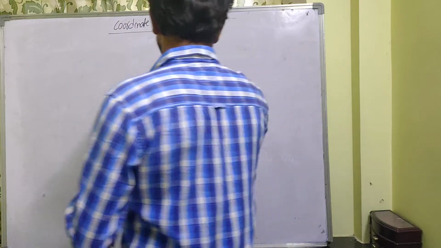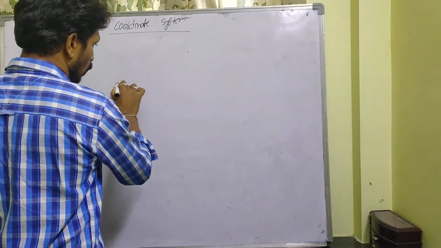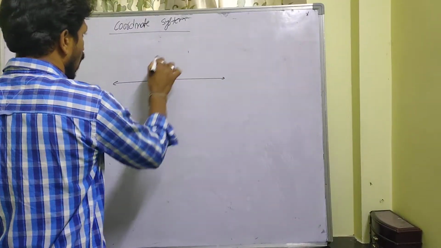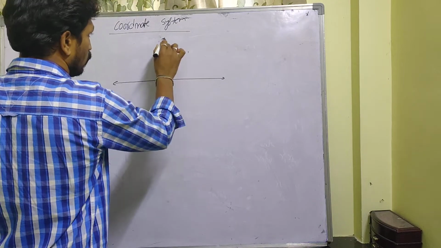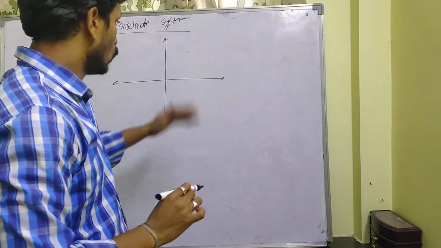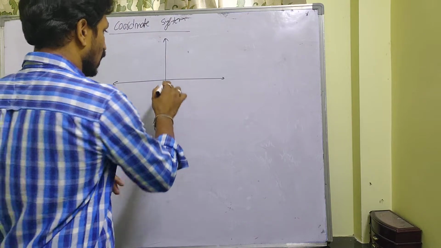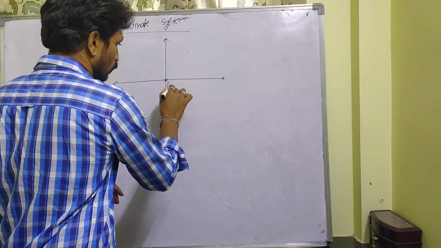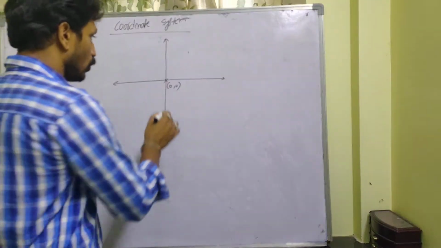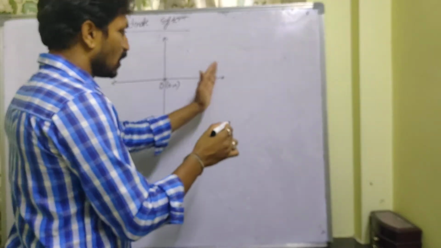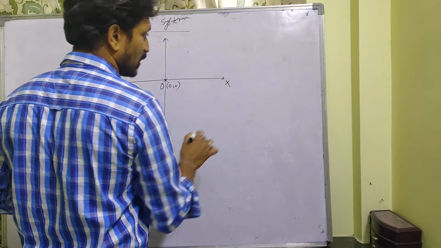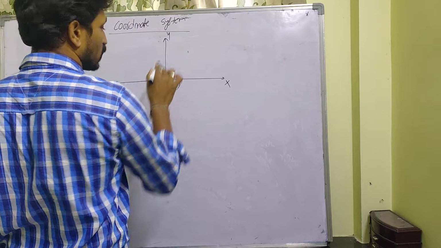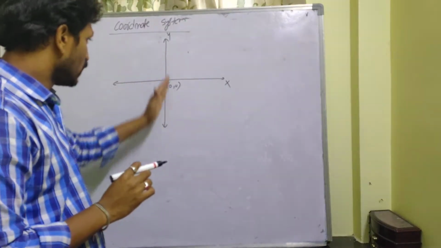So if you take the horizontal line and a vertical line, these two intersect at origin, denoted with O, and this horizontal line is called x-axis and the vertical line is called y-axis.